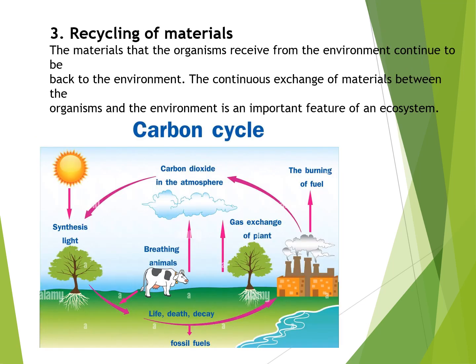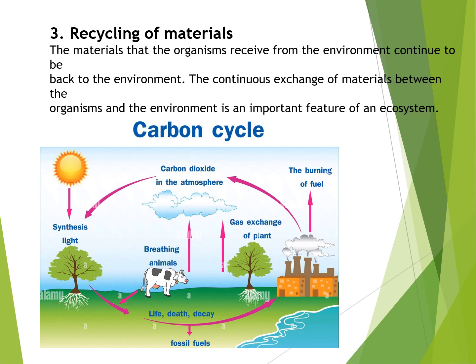Recycling of materials is the third characteristic feature of an ecosystem. Here we have taken the carbon cycle as an example. There are many more geological cycles: water cycle, sulfur cycle, phosphorus cycle. Likewise, many more cycles are there. So always they are recycling.